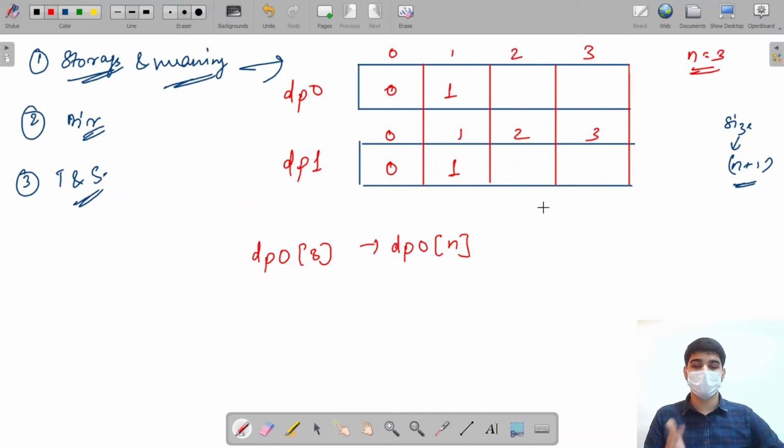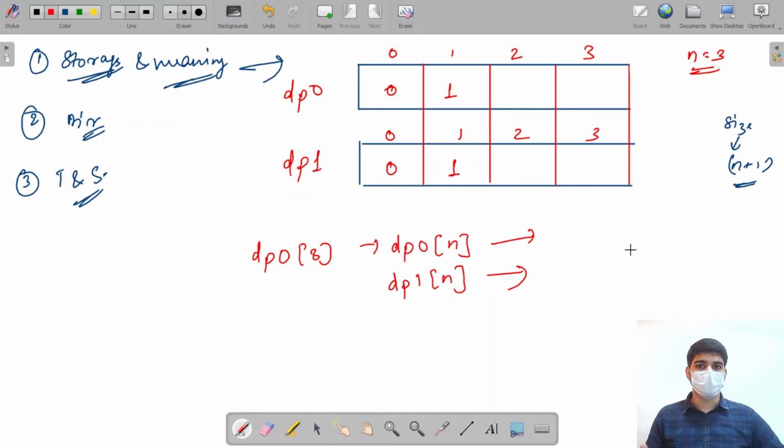So if DP of 0 of n is what we are talking about, this would mean, by the standard definition that we wrote, the number of strings that end with 0 and have no consecutive zeros, right? And what would DP of 1 of n similarly mean? This would be equivalent to the number of strings that end with 1 such that there are no consecutive zeros in the string, right?